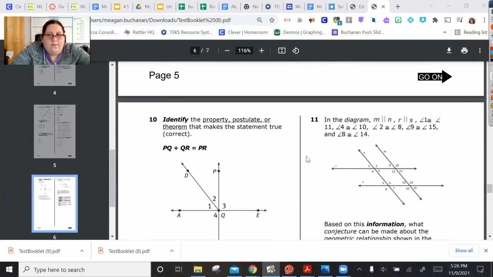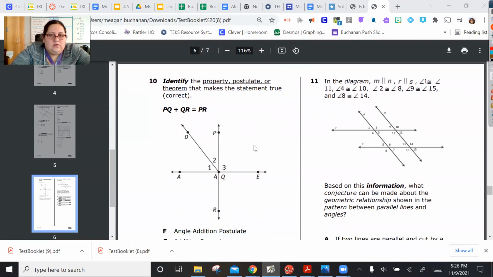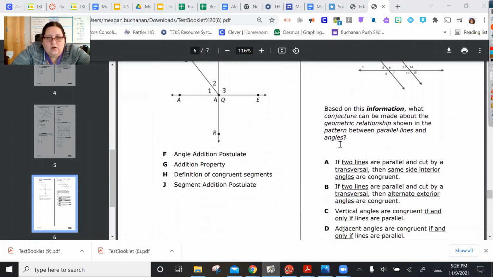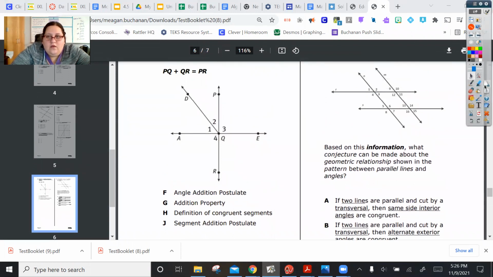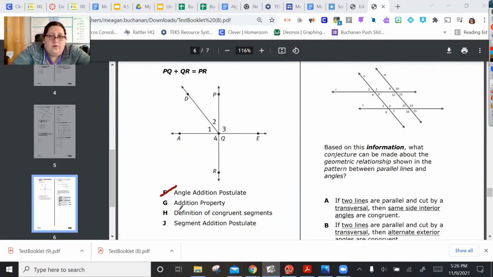Okay, identify the property, postulate, or theorem that makes the statement true. PQ plus QR equals PR. So let's go through our different options here. We have angle addition postulate. Well, we're not talking about angles. Addition property.